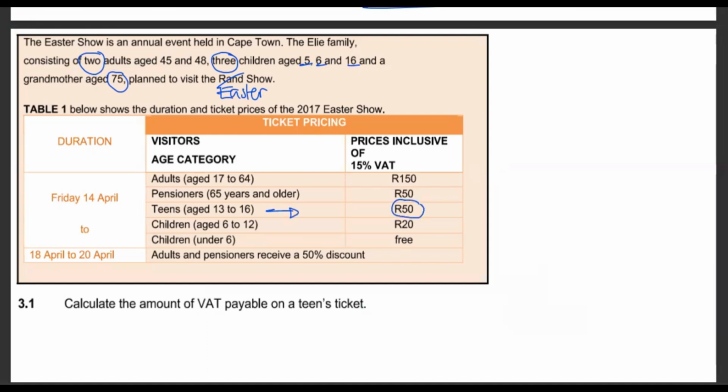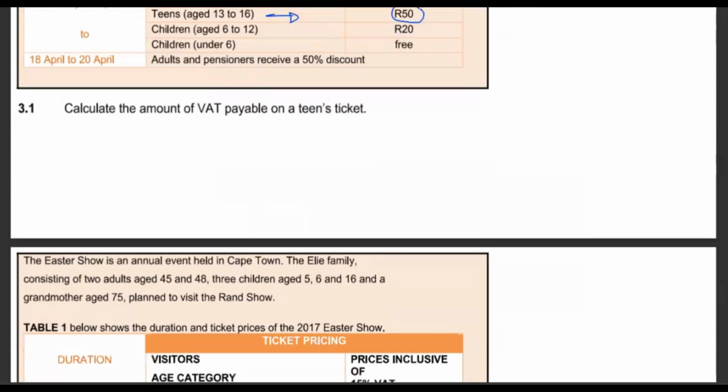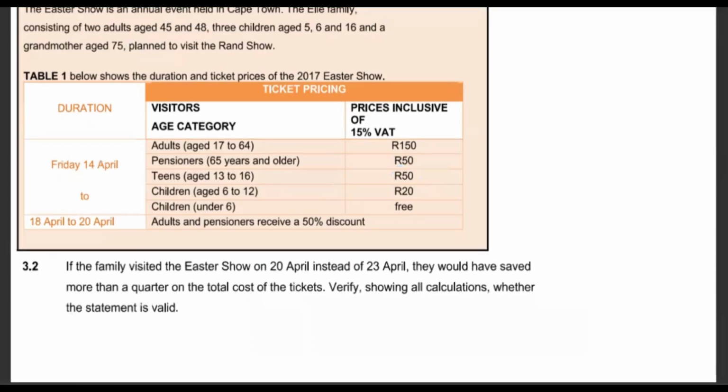So how do you get the VAT from it? Because it already includes VAT, we shall say 15 divided by 115 times 50. And the answer becomes 6 rand 52 cents.